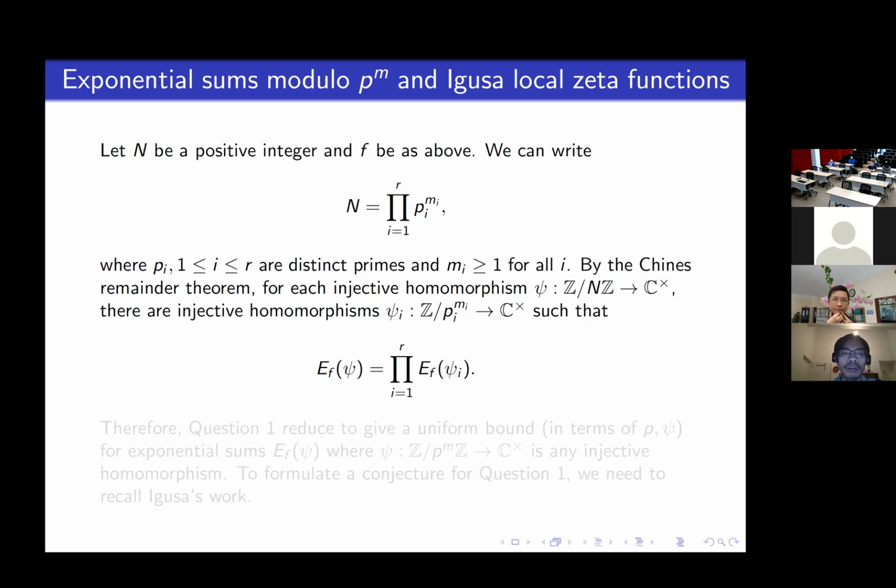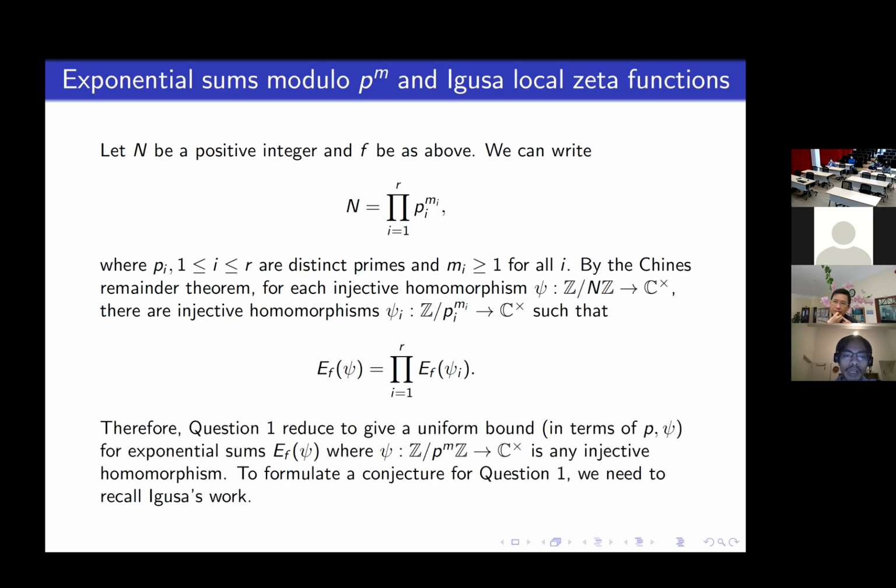Here the p_i are distinct primes, and m_i is at least 1 for all i. By the Chinese Remainder theorem, we can find injective homomorphisms psi_i from Z over p_i to the m_i to C star for 1 less than or equal to i less than or equal to r, such that E_f(psi) equals the product of E_f(psi_i) for i from 1 to r.